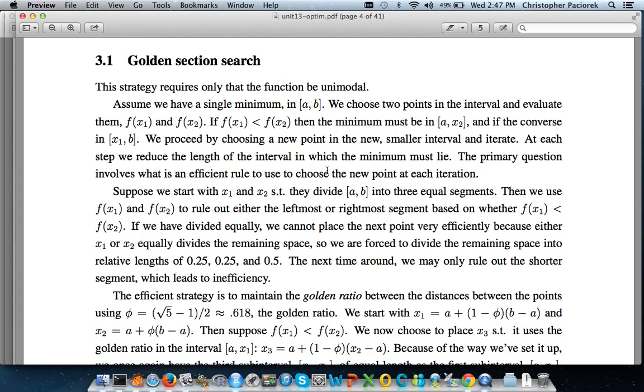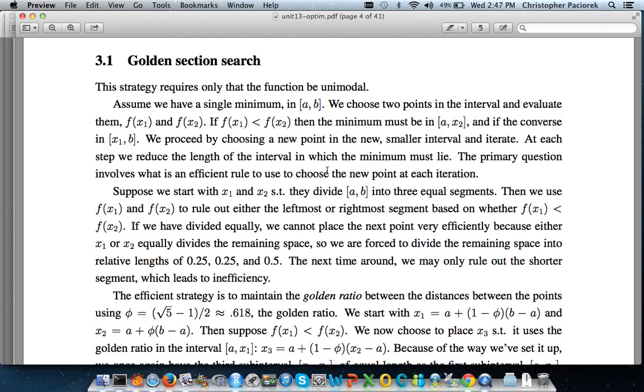So what does that do for me? It says the minimum can't be over here, because I assumed the function is unimodal. If there was a point over here that was lower than this, that would violate my assumption. So by evaluating f here and here and finding that this is lower than this, I can exclude this area. I've excluded a third of the domain, if I've equally divided it.